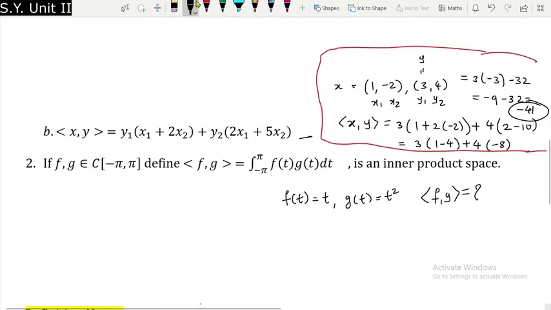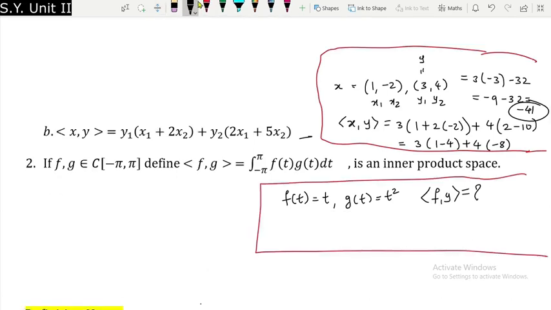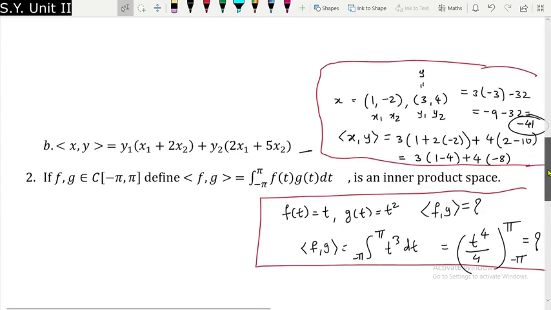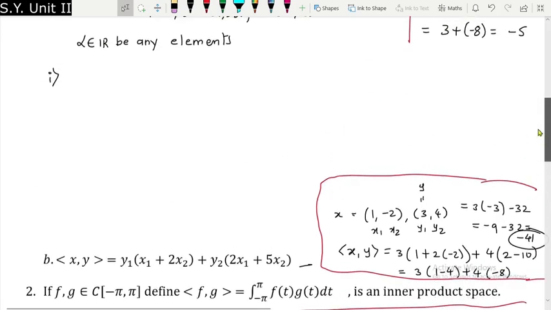So the inner product of f with g will be equal to the integration from -pi to pi of f(t) multiplied by g(t), which will be t cube dt. We simply solve this integration, that is t raised to 4 upon 4, with limits varying from -pi to pi, and get the answer. So it depends how the inner product is defined, and by using that inner product you can definitely find the inner product of two particular elements of a vector space.